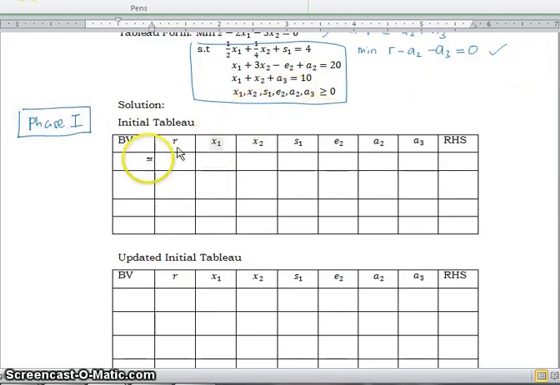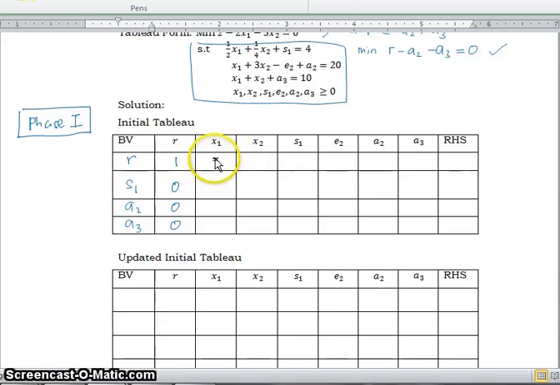The basic variable in row 0 is R. S1 is the basic variable for row 1. A2 is the basic variable in row 2. And A3 is the basic variable in row 3. The coefficient of R is 1 in row 0 and 0 in other rows.